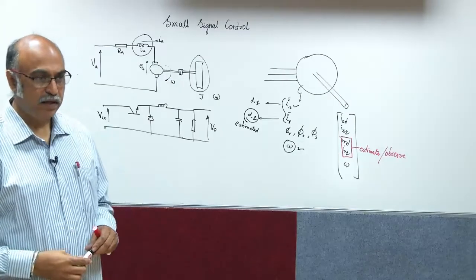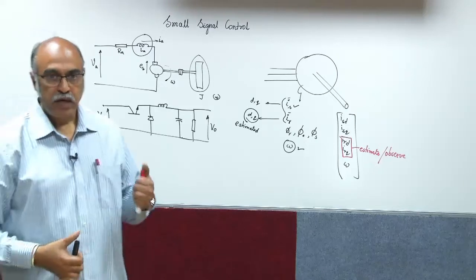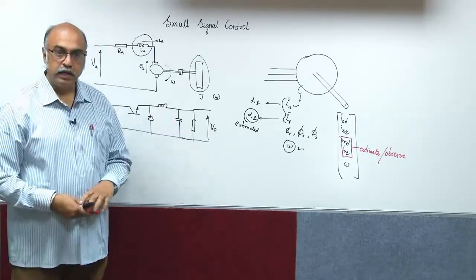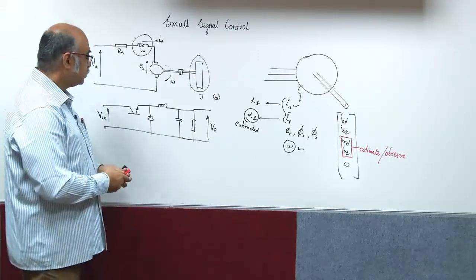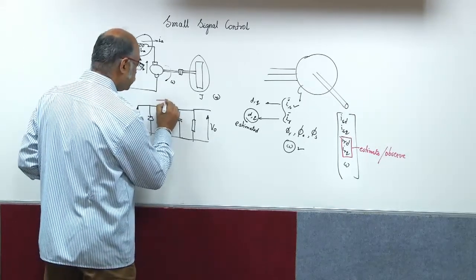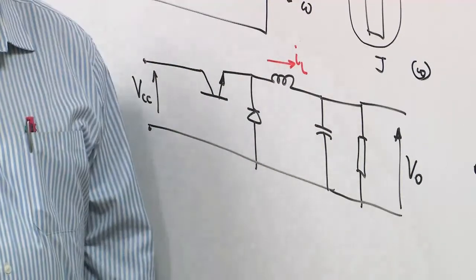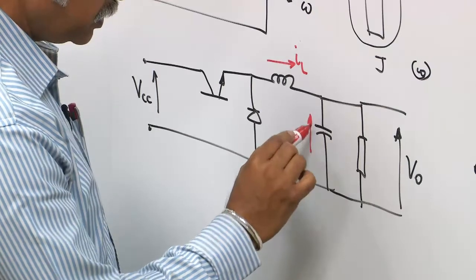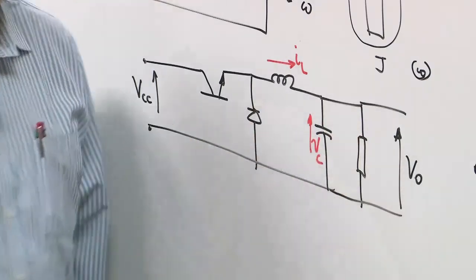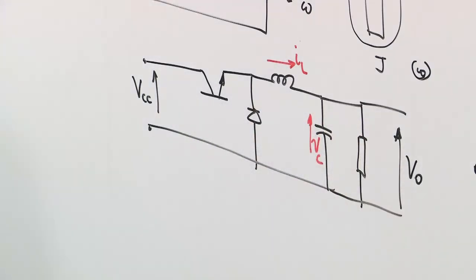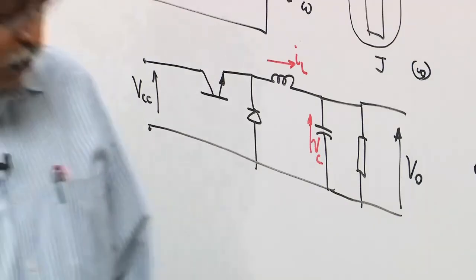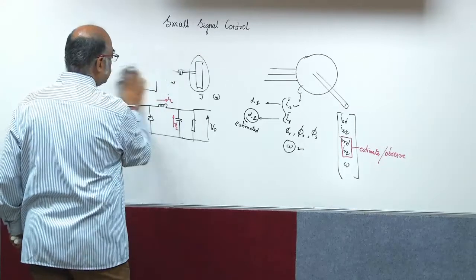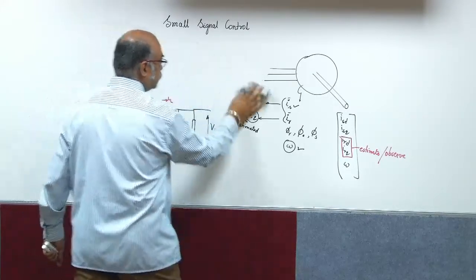How many state variables are there? In this case, I am having one energy storage element here, another energy storage element here. So, I have IL as one state variable. I have the voltage across the capacitor Vc or V naught as the other state variable. So, it will look like this.